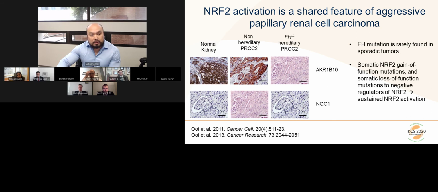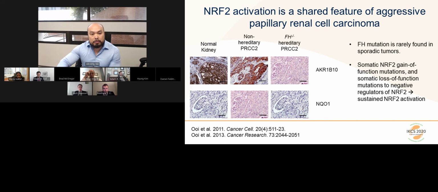And in this slide over here, you can see the staining for NRF2 target gene. I think the slide is wrong over here. But anyway, you can see the staining for NRF2 target genes, AKR1B10 and NQO1, in the sporadic and hereditary forms, showing sustained activation of NRF2 target genes.